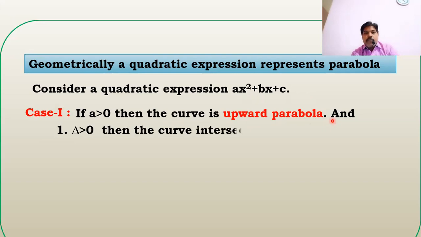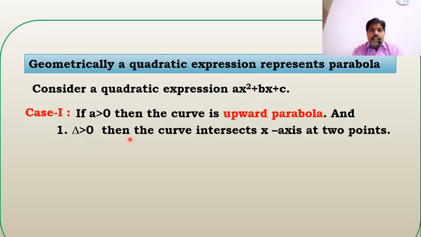And see one more point, an important condition: if delta is greater than 0, then you observe the nature of the roots. In the previous class we taught the nature of the roots. If delta is greater than 0, then the roots are real and not equal.